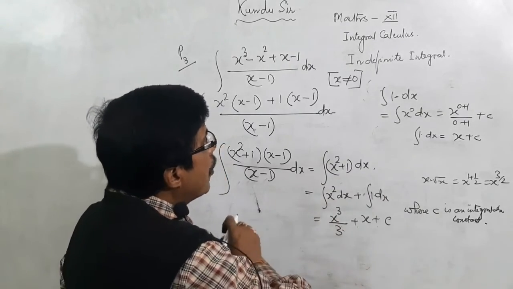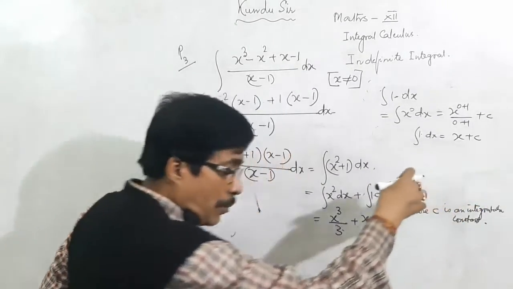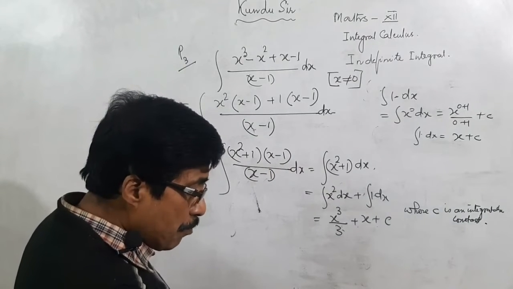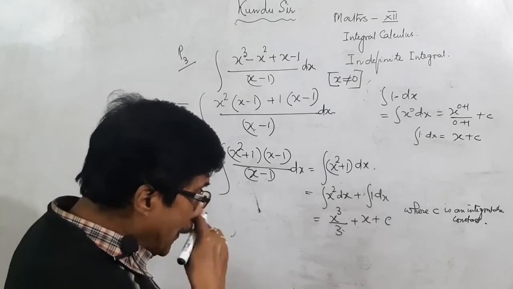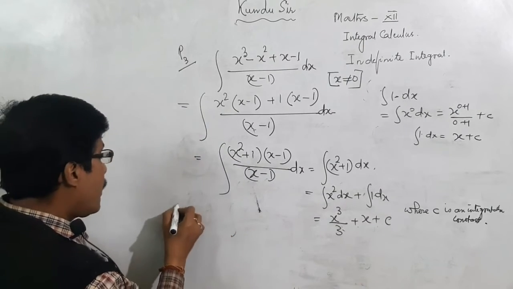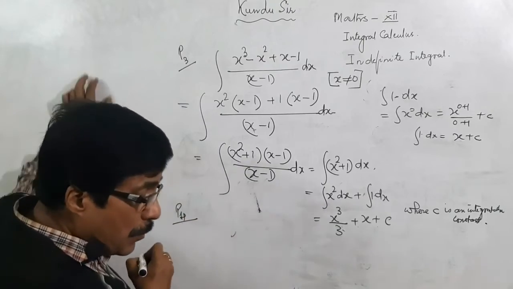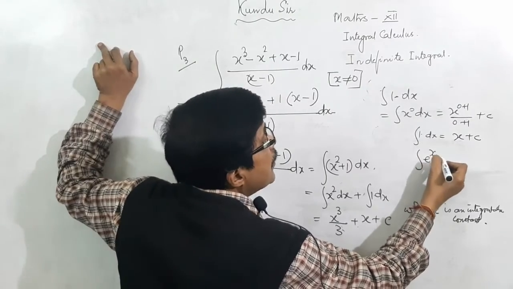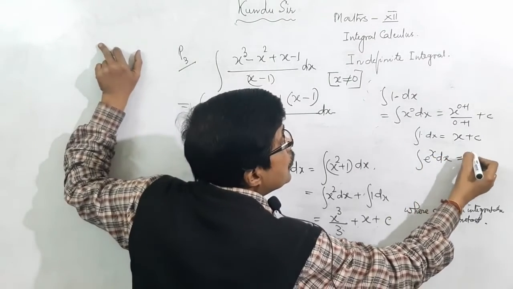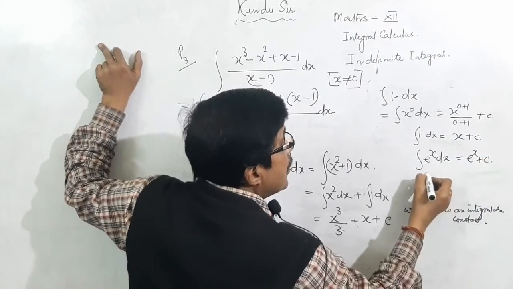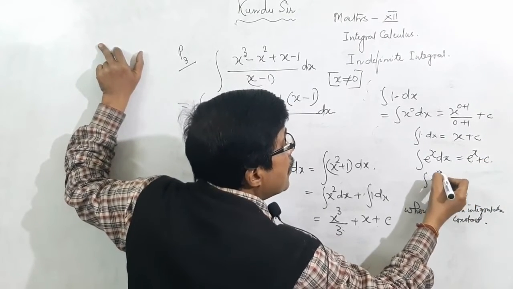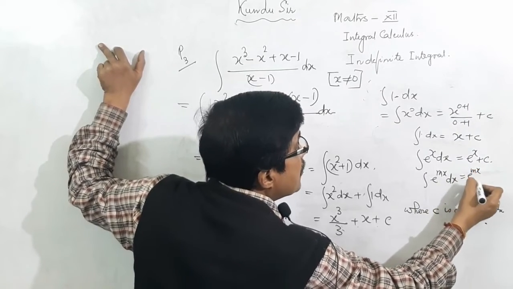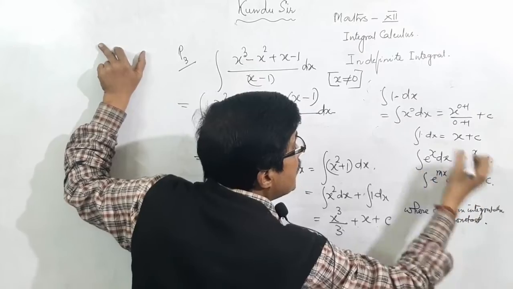So we are going to solve another problem, problem number 4. We know the integral of e to the power x dx equals e to the power x, and the integral of e to the power mx dx equals e to the power mx upon m plus c.